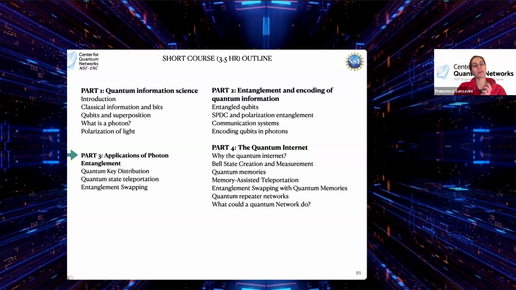Now we will move on to part 3, where we will have 3 main subjects. We are going to move to the side of quantum technologies. So we will talk about quantum key distribution, which is a problem of quantum cryptography, quantum state teleportation, and entanglement swapping.